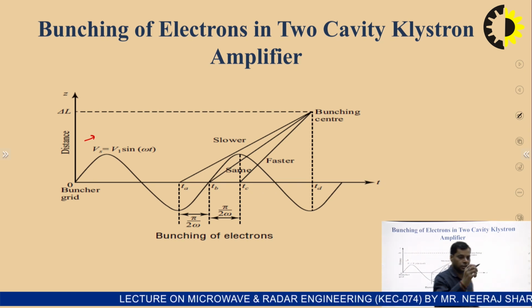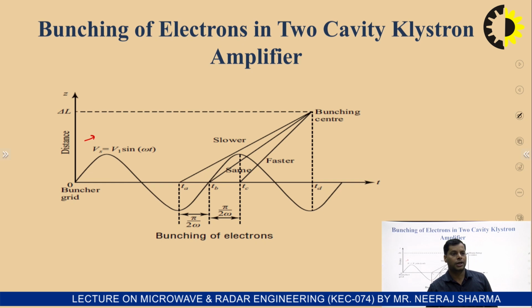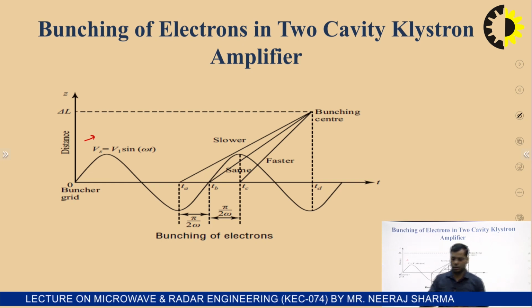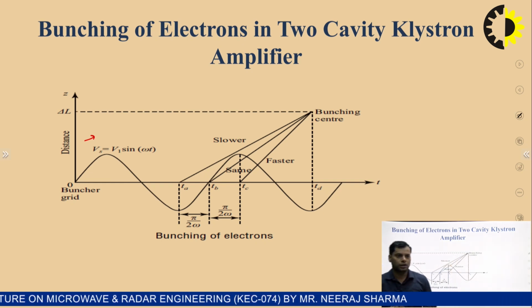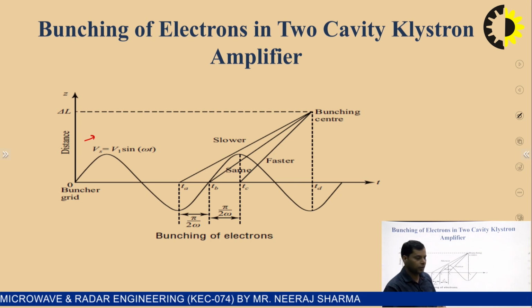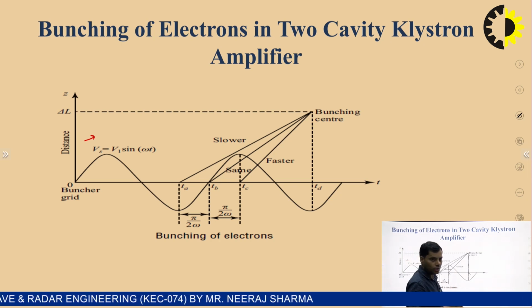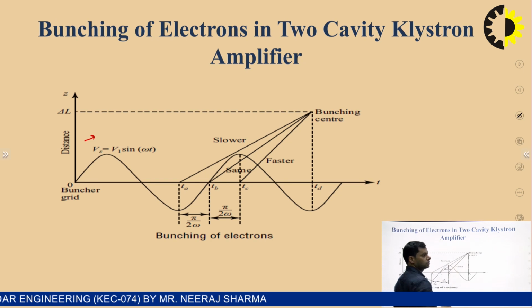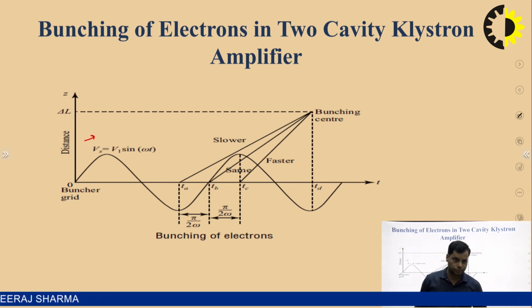The velocity V0 with which it entered the gap is reduced after interaction with the microwave field, so it moves with less speed than the initial speed V0.